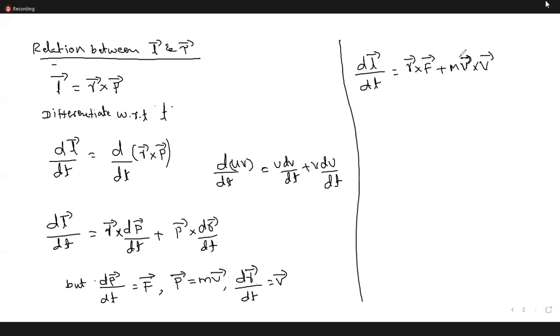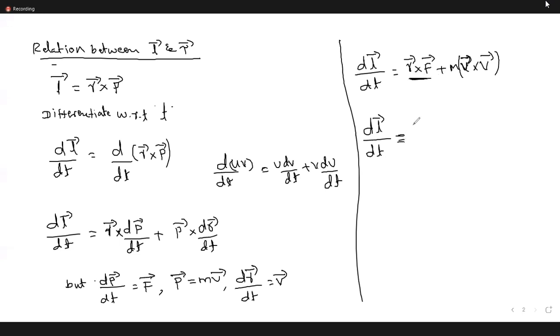If you observe one thing here, v cross v will be 0, because v cross v means the same direction, therefore theta is 0, sin 0 is 0, and 0 into 0 gives 0. Therefore dL by dt equals r cross F again. So what is r cross F?